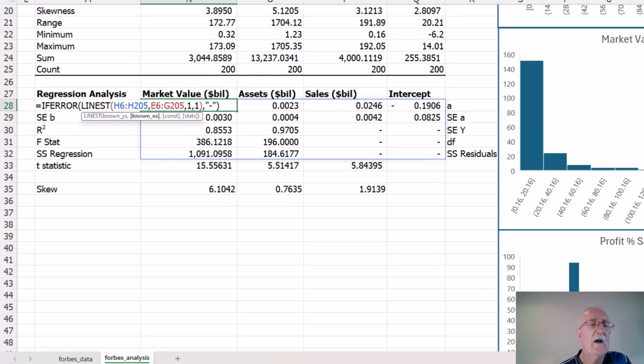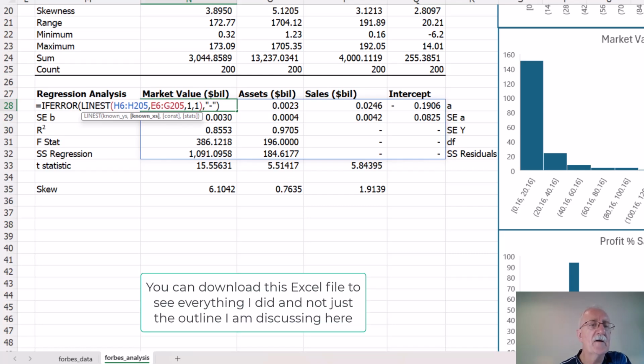LINEST H6:H205. That's the known y's. That must be the profit. Go and have a look at the table when you open this file, and you'll see that's the profit value, H6 to H205. And then the known x's, which are sales, assets, and market value, they're in E6 to G205.